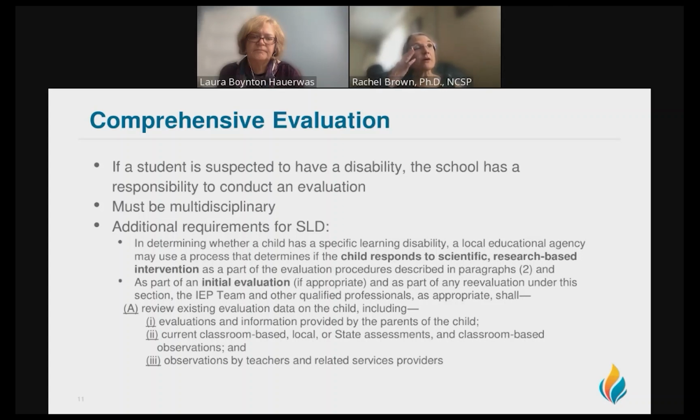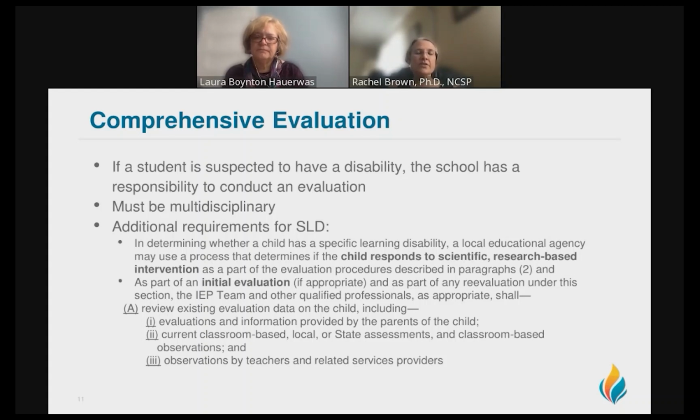Another piece to know about, because we'll touch on this in the course of our session today, is that if a school, any personnel at the school suspect that a student is displaying any type of disability, there is a responsibility to conduct an evaluation. And this is true if there's a suspicion of dyslexia. This evaluation is multidisciplinary. And in the case of a specific learning disability, there are some additional provisions in the law.